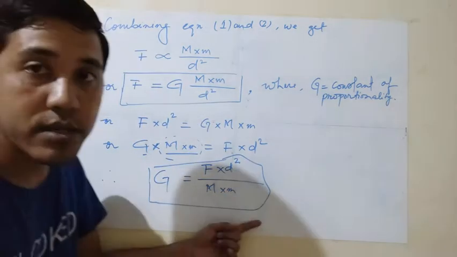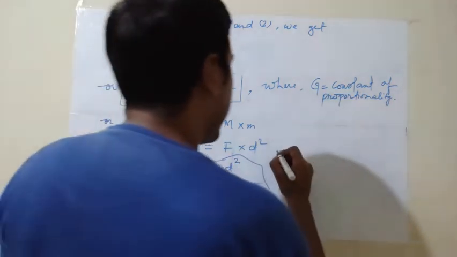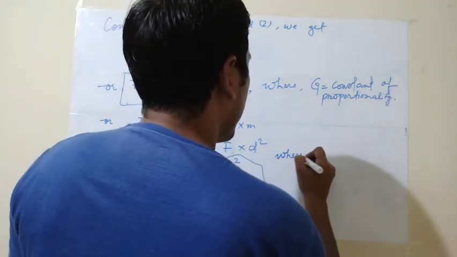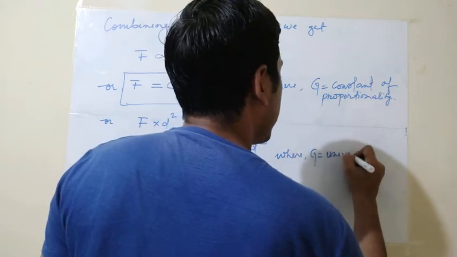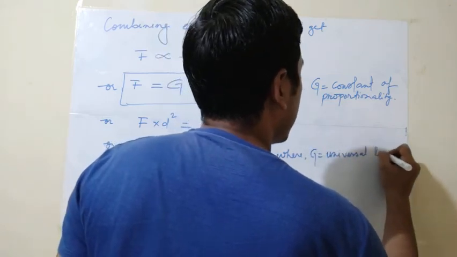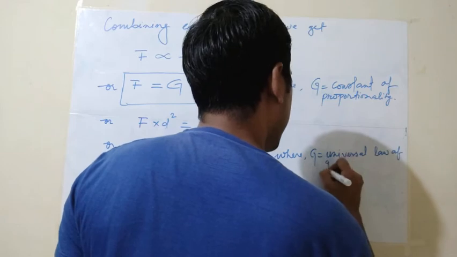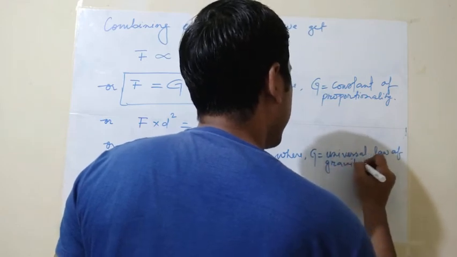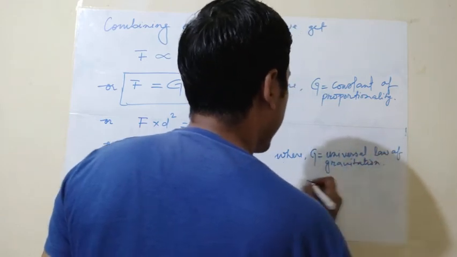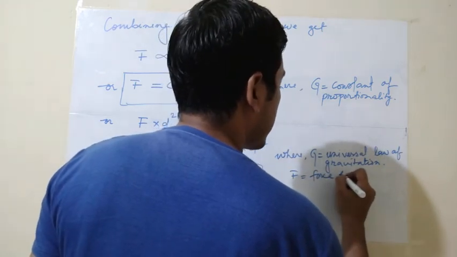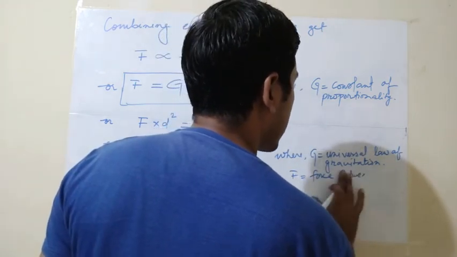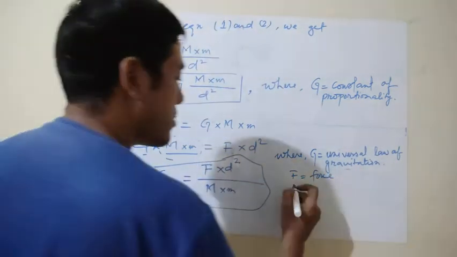And after completing this equation, you write here, where G is equal to universal law of gravitation, and F is equal to force between the masses. Okay, you just write force.